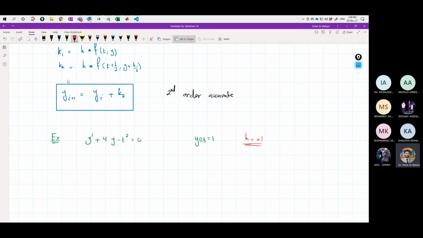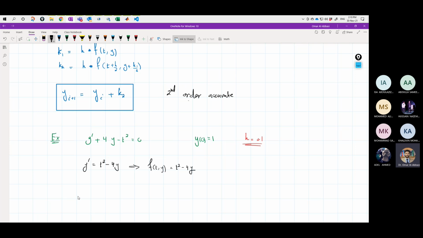So what shall we do? Define the slope on the left hand side and all the other terms on the right hand side. So, okay. And this is the function of t and y, which is the slope, equals t squared minus 4y.